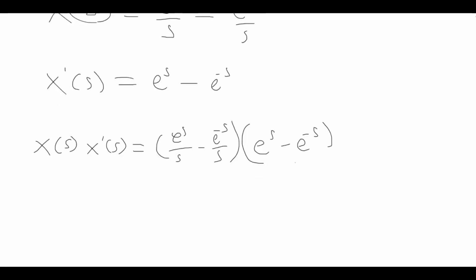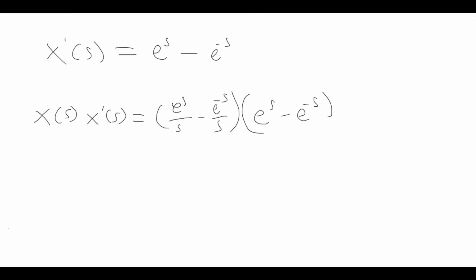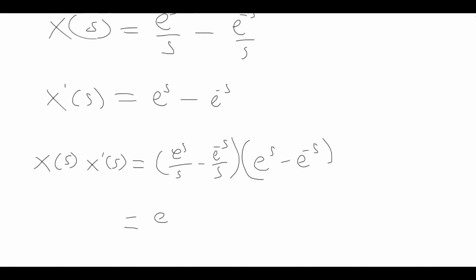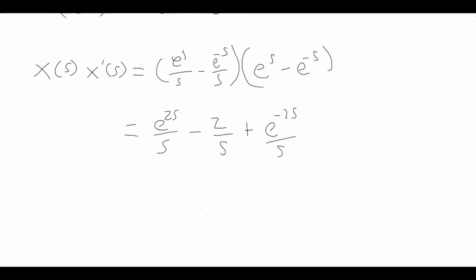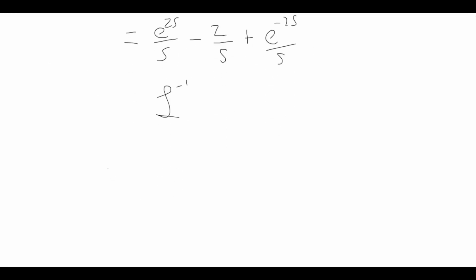Doing our factoring, we get e to the 2s over s minus 2 over s plus e to the minus 2s over s. And now we're going to take the inverse Laplace transform of that and get our time delays.